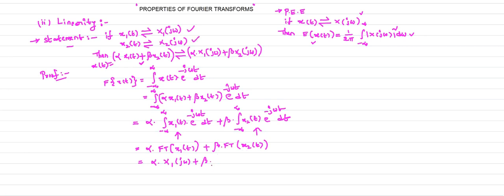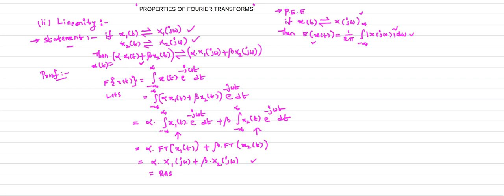It is x2 of j omega, so beta times x2 of j omega. This is your right hand side, and this is your left hand side. Your left hand side is a linear combination of two signals, your right hand side is a linear combination of the corresponding signals in the frequency domain. So this is the linearity property in the case of Fourier transforms.